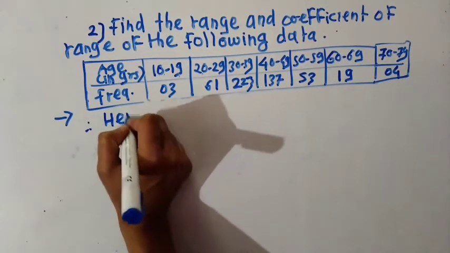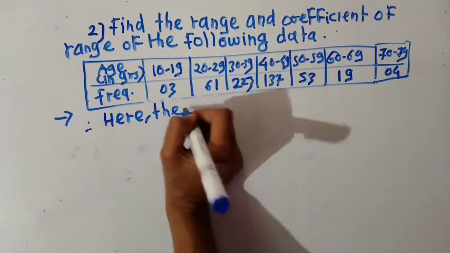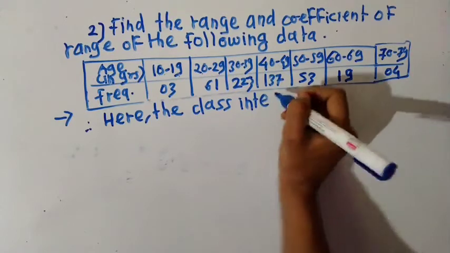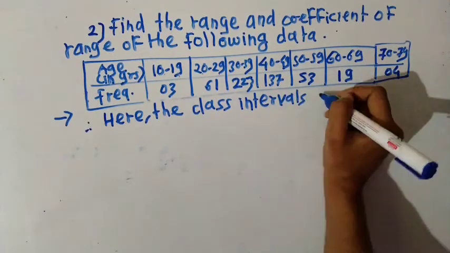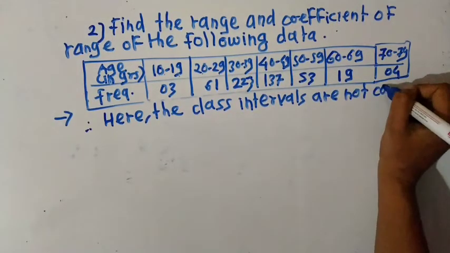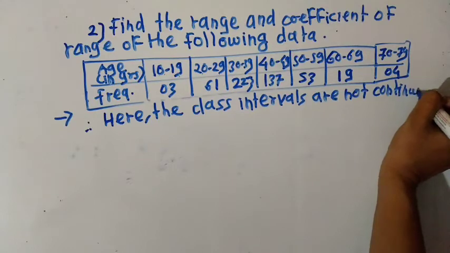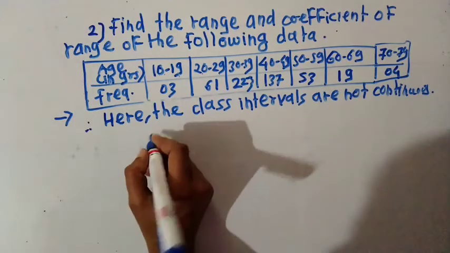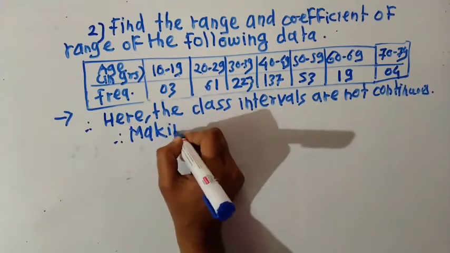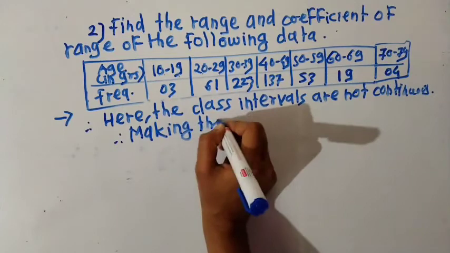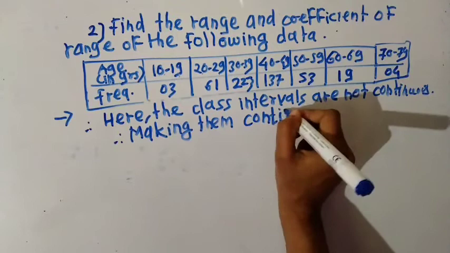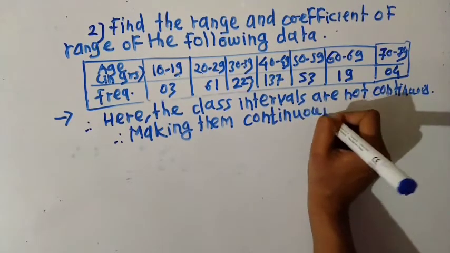So here the class intervals are not continuous, means discontinuous. So hence making them continuous, त्यामुळे त्याला आपण कंटिन्युअस करूया.